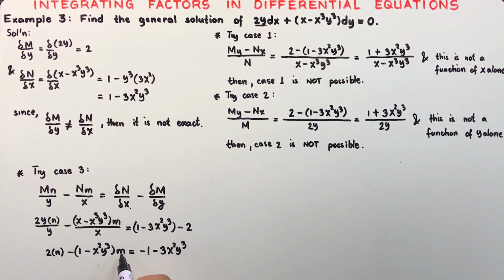So distributing this m to this binomial, we have 2n minus m plus m x squared y cubed, and this is equal to minus 1 minus 3x squared y cubed here.